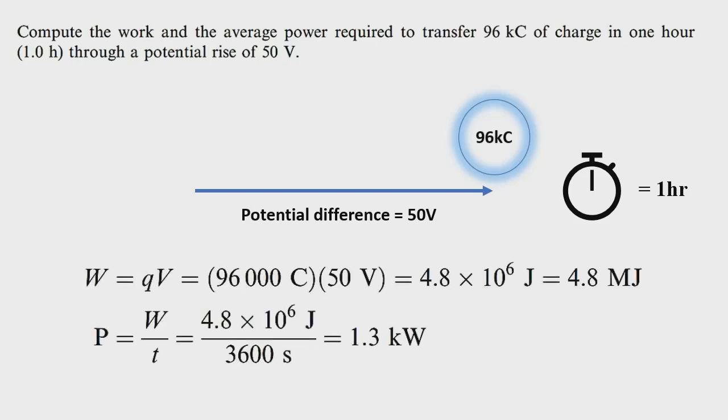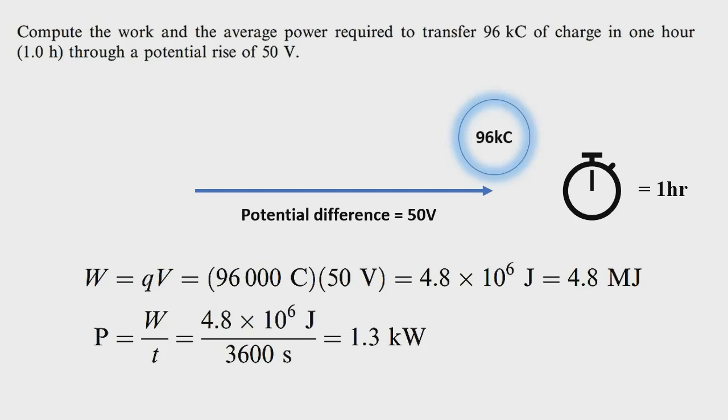We are going to apply the formula. W is equal to work, which is equal to the charge times the potential difference. The charge is 96,000 coulombs or 96 kilocoulombs multiplied by the voltage, which is 50 volts.